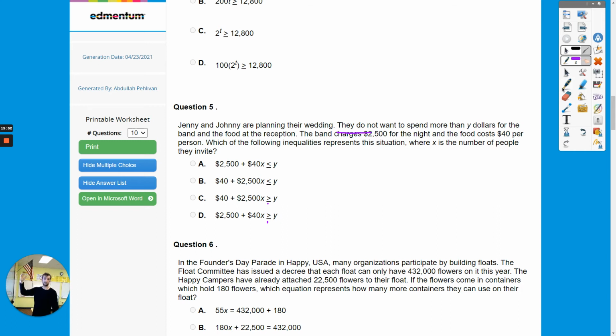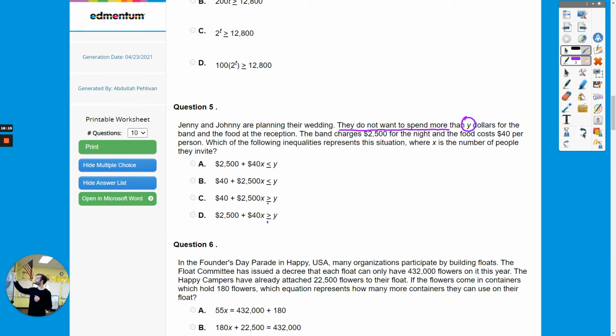Less than or equal to y or greater than or equal to y is the first thing that I need to decide. So instead of trying to understand the question first, I'm just going to try to eliminate at least two of these options. So it's either greater than or equal to y or less than or equal to y. I need to locate that y, that variable, in the question, which is right here. So let's read what it says.